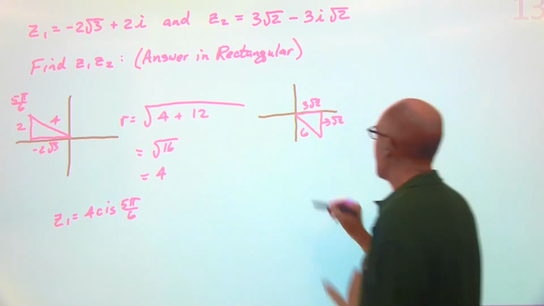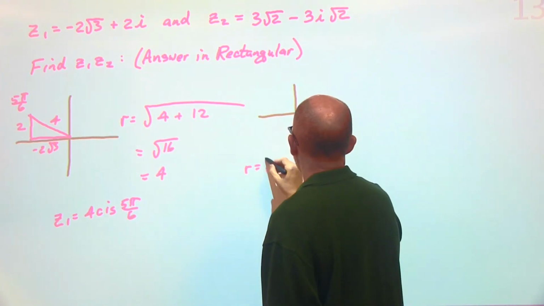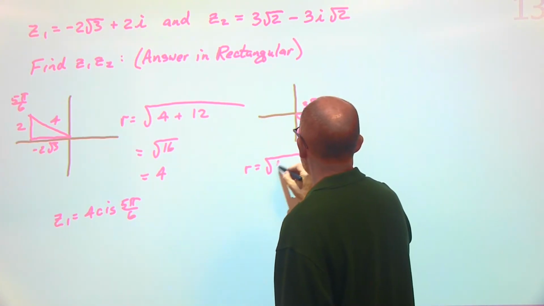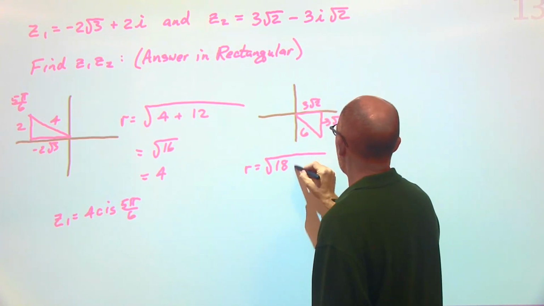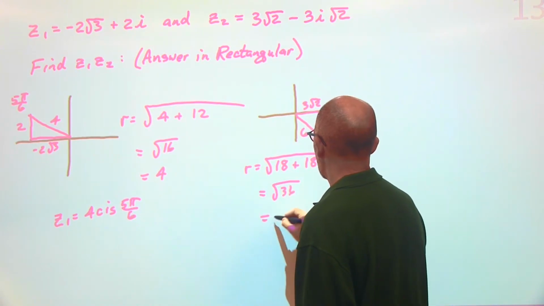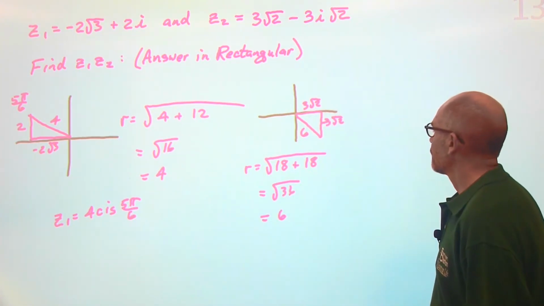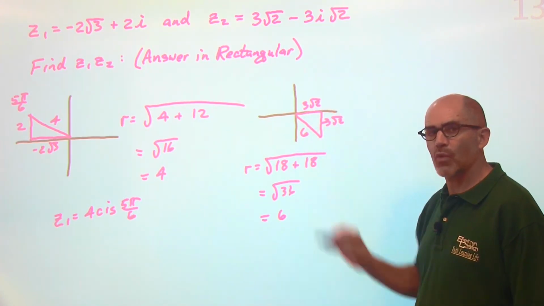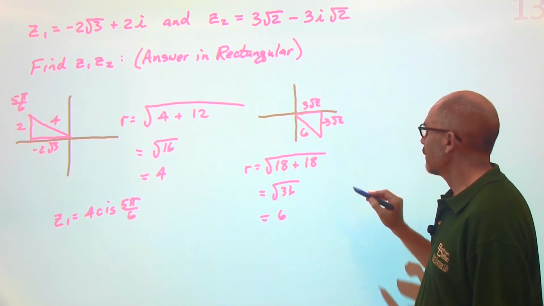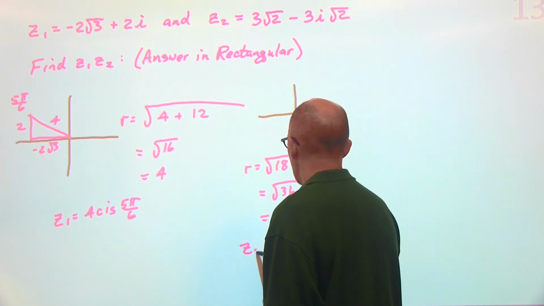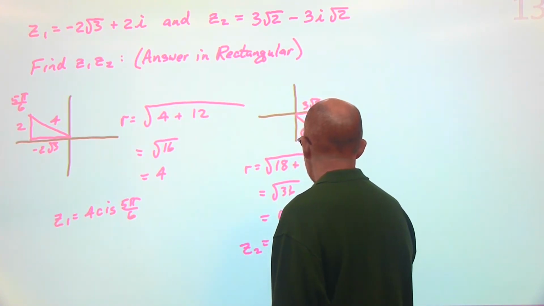Now, if we want to do that again, we just go r equals square root of, square 3 square root of 2, and you get 9 times 2 is 18, plus another 18, so that's square root of 36, which equals 6. Now, what's the angle? Well, it's a 45, 45, 90 in the fourth quadrant, so we know that angle is 7 pi over 4. So we just found out then that z2 is 6 cis 7 pi over 4.